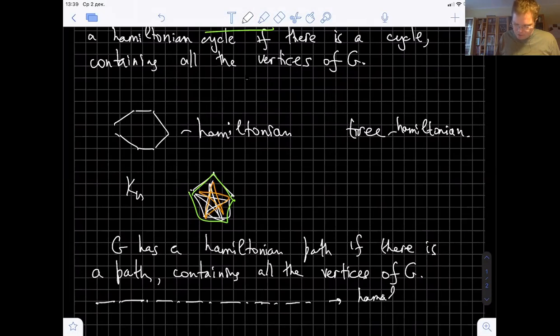Of course, if we have a Hamiltonian graph, it will have a Hamiltonian path, because we can just take the cycle and throw out one edge of the cycle.